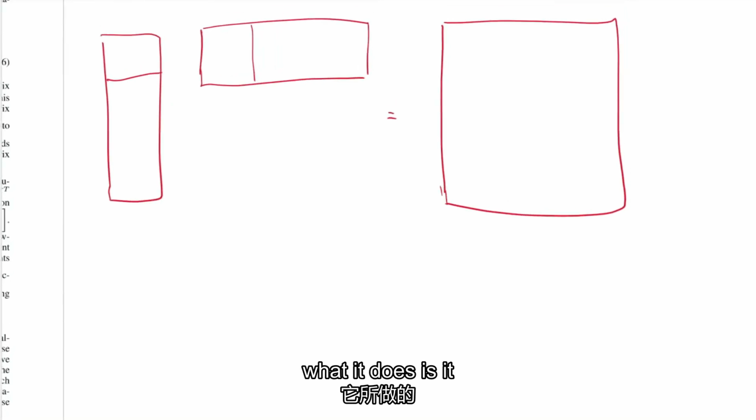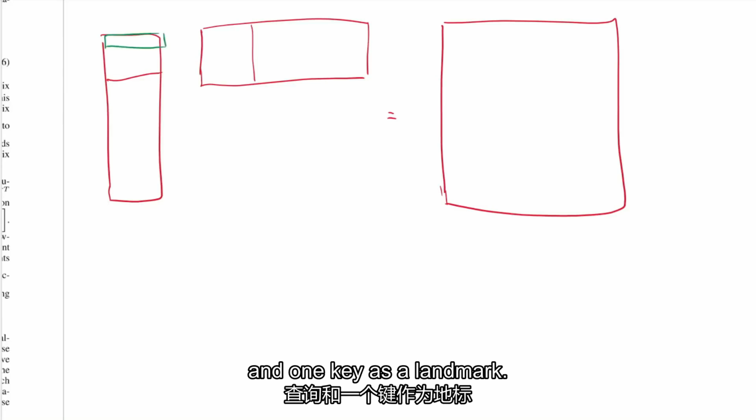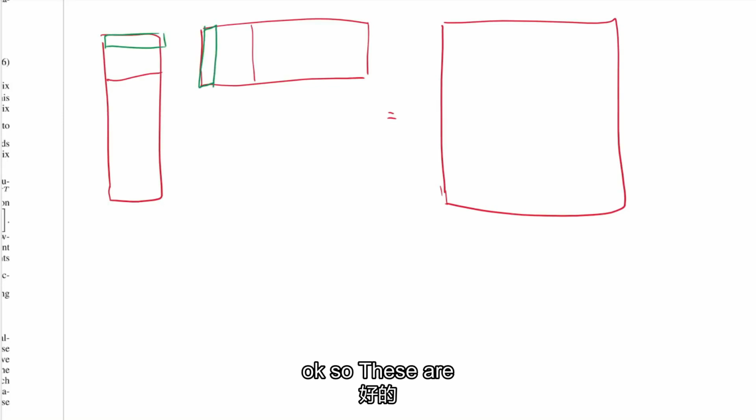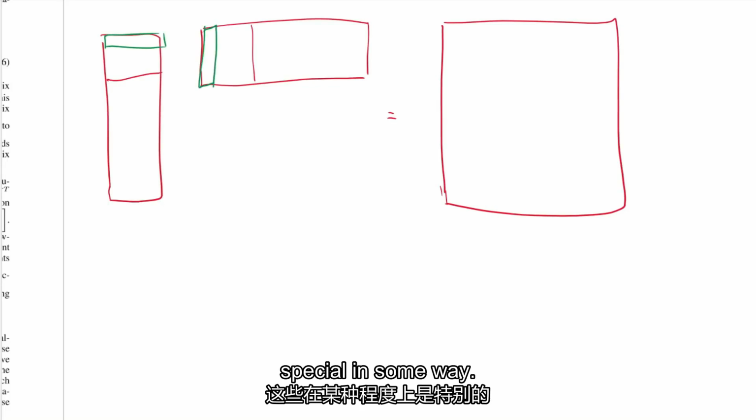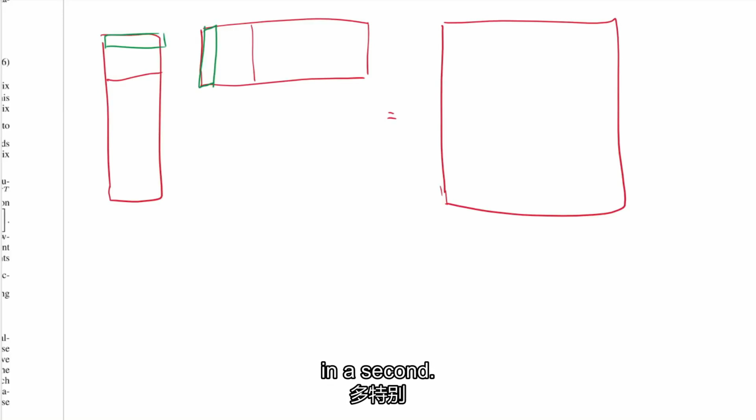First of all, it determines the so-called landmarks. And the landmarks are a subset of queries and a subset of keys that are special. Now, actually, in this paper, they calculate the landmarks by averaging over queries and keys, but for easiness, we'll simply say we'll select a subset. So right now, let's just select 1 query and 1 key as a landmark. These are special in some way, and we'll see how in a second.